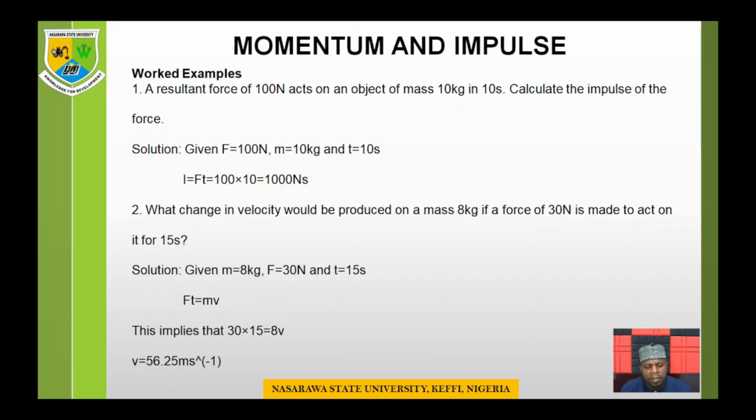We write the 100 in place of F, now times t, which is 10 seconds, in place of t. So we now have that 100 times 10 is going to give us 1000 Newton seconds.